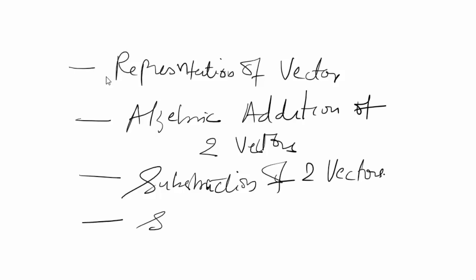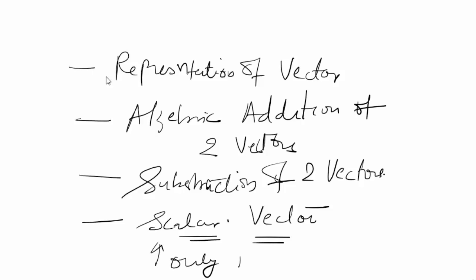Then again, this was multiplying a scalar into a vector. So this will only increase the magnitude, there will be only a magnitude increase. There will be no direction change.